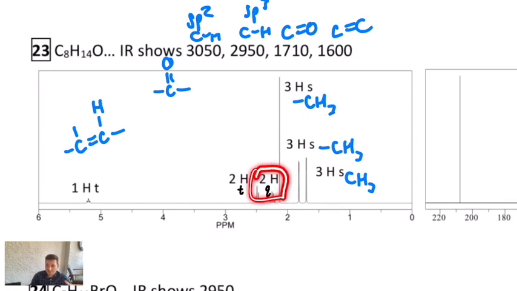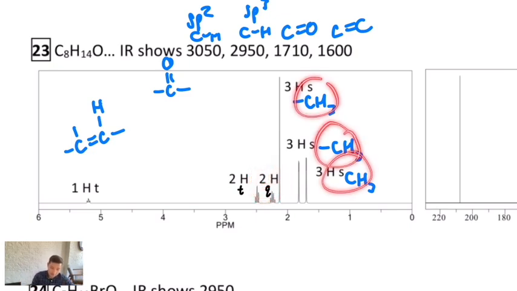I think it's next to 2 other carbon groups where you have a total of 3 hydrogens between those 2 different neighboring groups. Let me say that again. If this quartet was due to the fact that it was next to one of the methyls, then one of the methyls would be split by these 2, and they're not. All 3 of them are singlets. So that's all I know. I know that these 2 hydrogens are not next to one of the methyl groups.